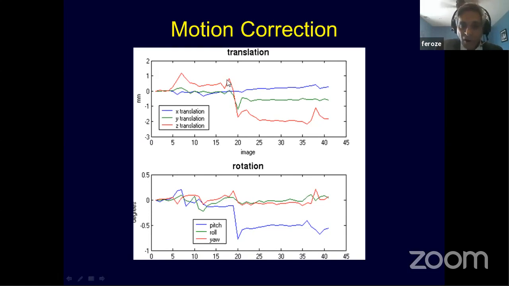This patient might have coughed, and suddenly there's a Z translation. We need to be cognizant of how much this patient has moved. You can also see the patient has rotated his or her head, right? So it's important to do this correction within certain boundary conditions to make sure that they don't move too much and it doesn't affect the BOLD signal and give us false positives.